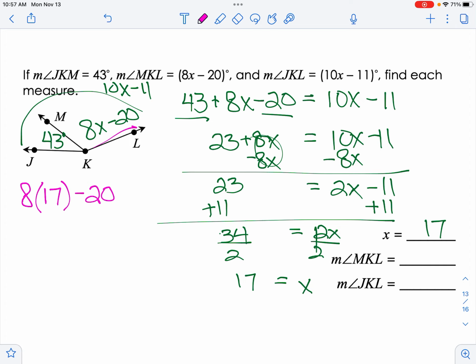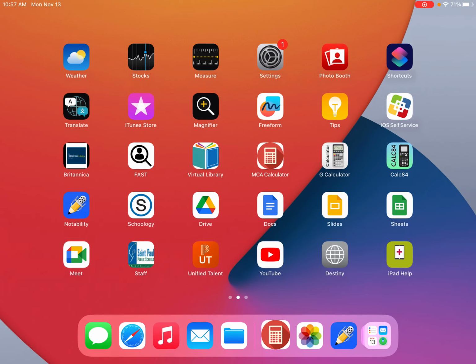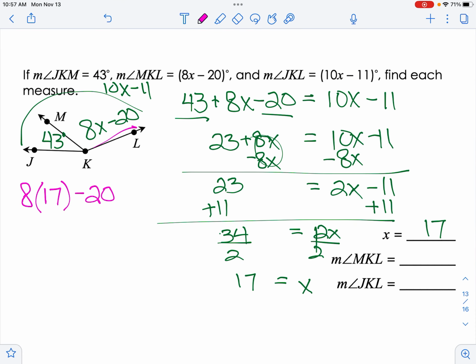Okay, so let's break out our calculator. 8 times 17 minus 20. I get 116. So this is equal to 116, and that is 116 degrees we want to put on there. Okay, so now I know that one.